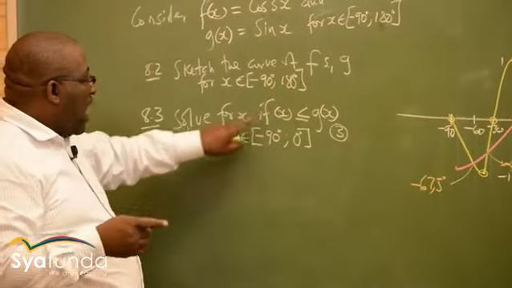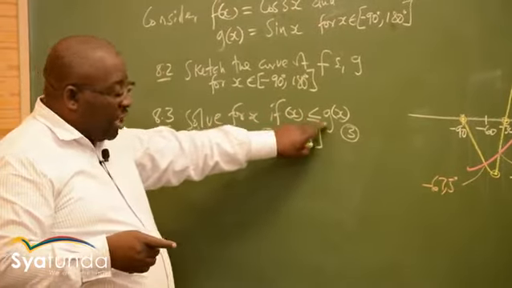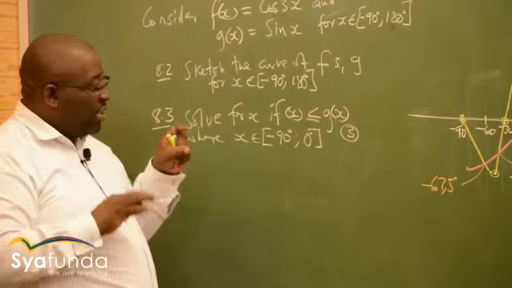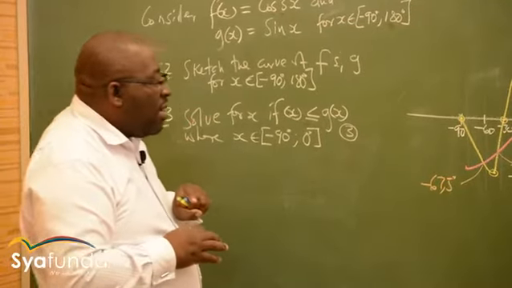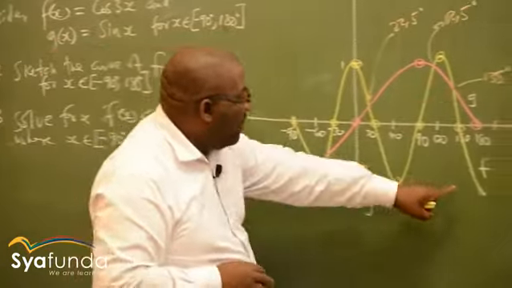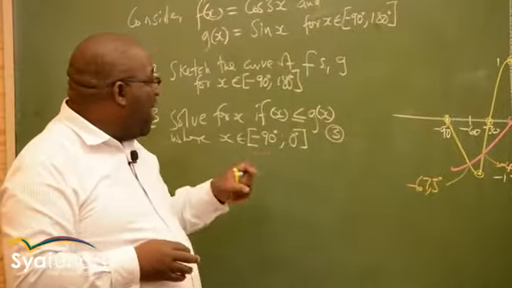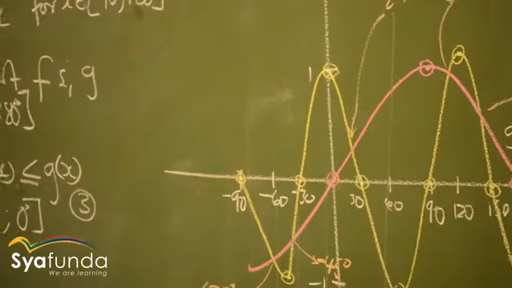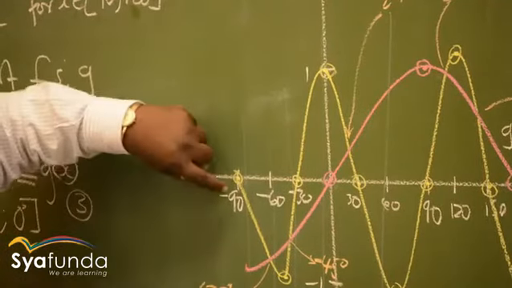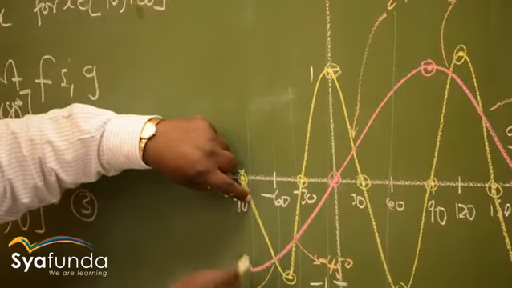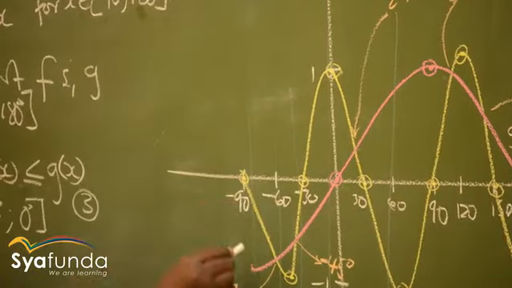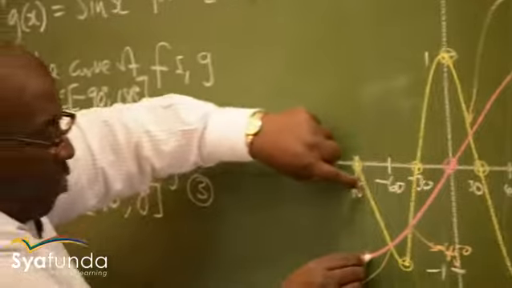While the position where f is less than g, where f engaphansi kuka g, f umuphi f? F, it's the yellow one. This is the f, the yellow one. Sifuna lapho igraph yethu ingaphansi kuka g, f engaphansi, f is less than g. Now, when you compare the graphs, if I look at this point, I compare it with the point slightly directly above it. Looking at this graph and this graph, f lo g la.